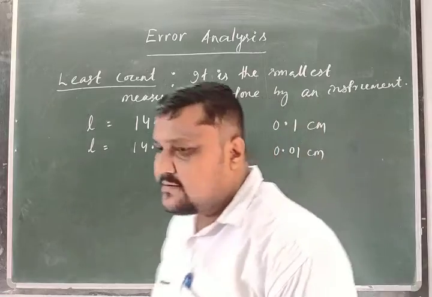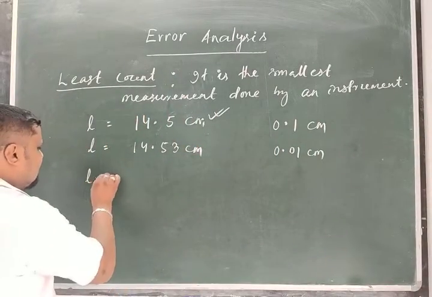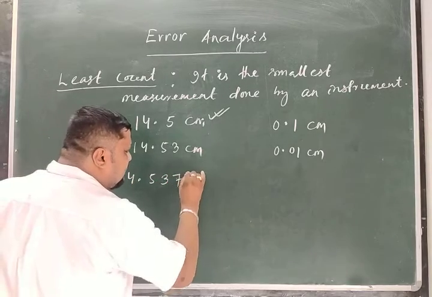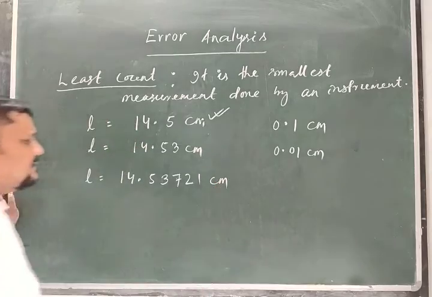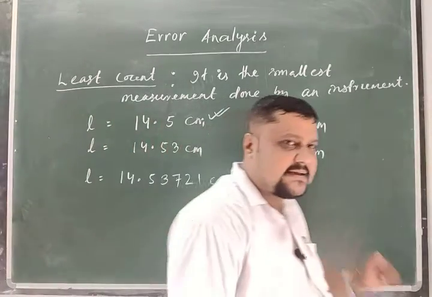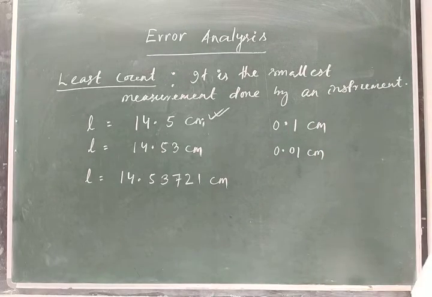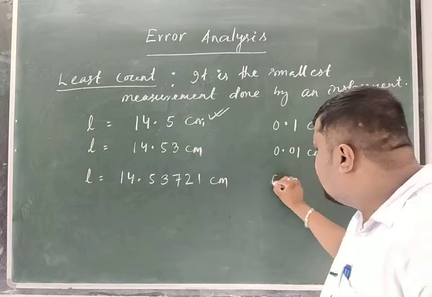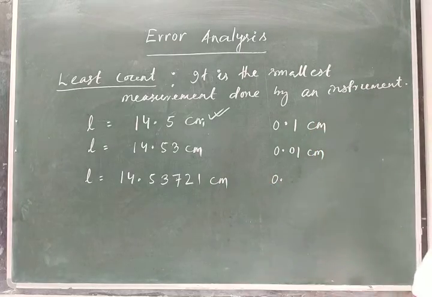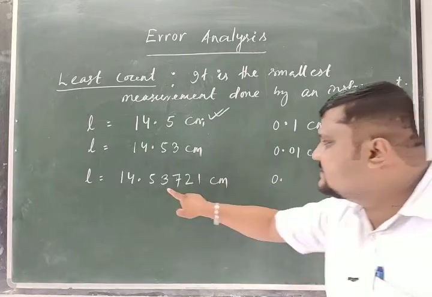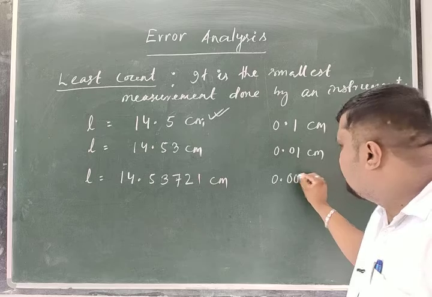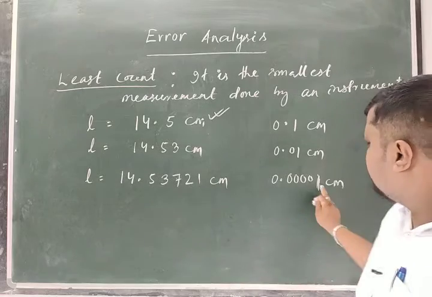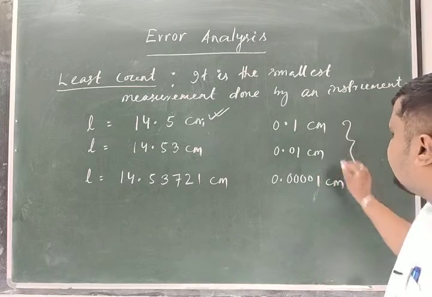Suppose someone measures the length and expresses it as L is equal to 14.5371 cm. Then by this expression, I can say that he used an instrument whose smallest measurement, or smallest division, is 0.0001 cm.